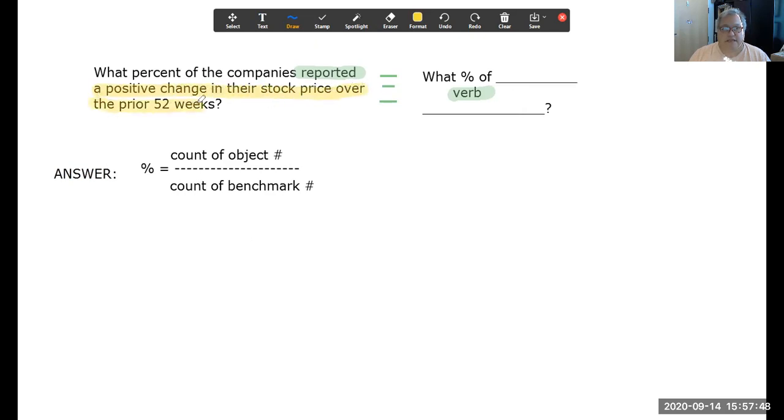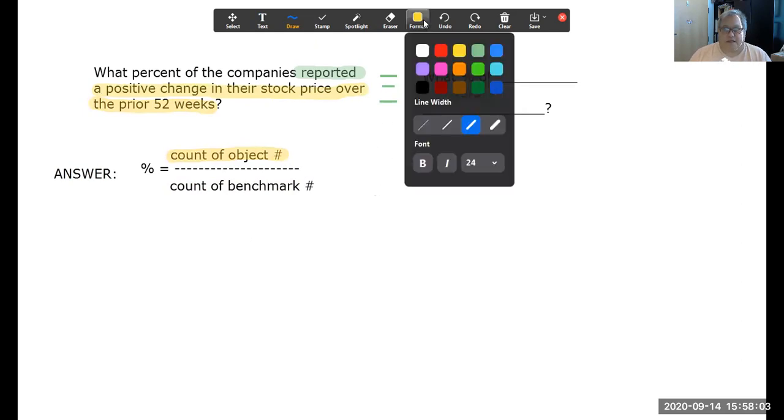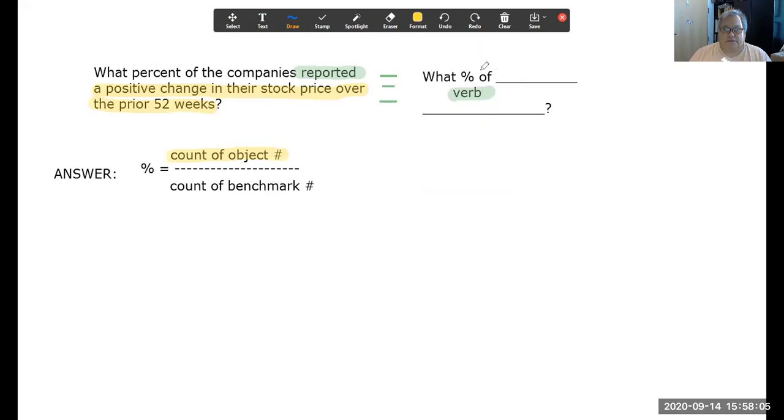So I'm highlighting it here in yellow. So the object is what comes after the verb. And then the benchmark is what occurs before the verb.